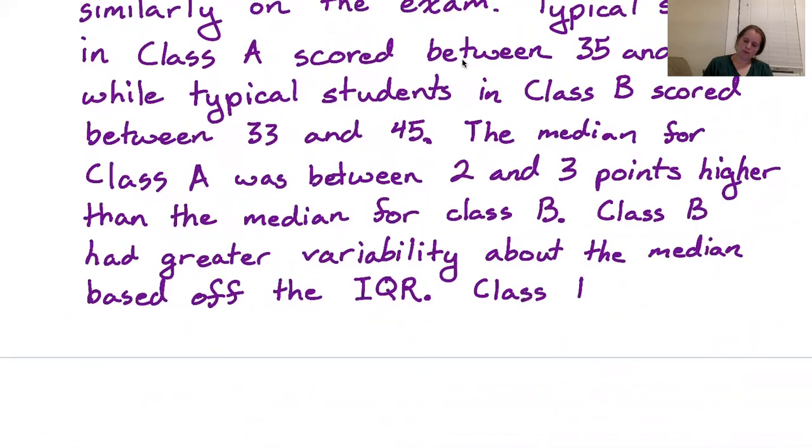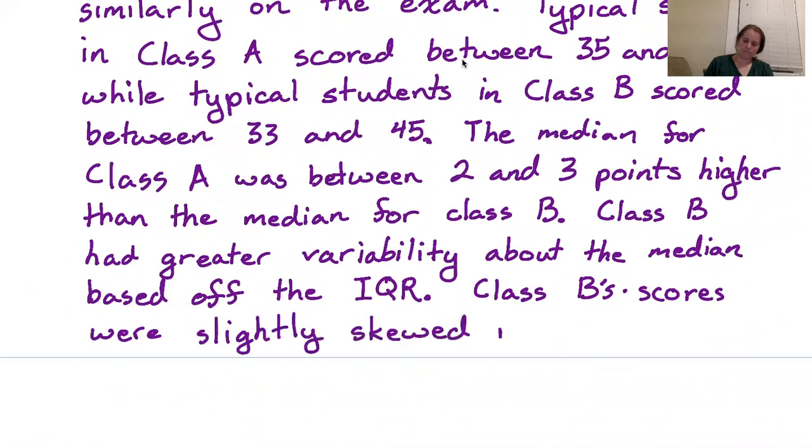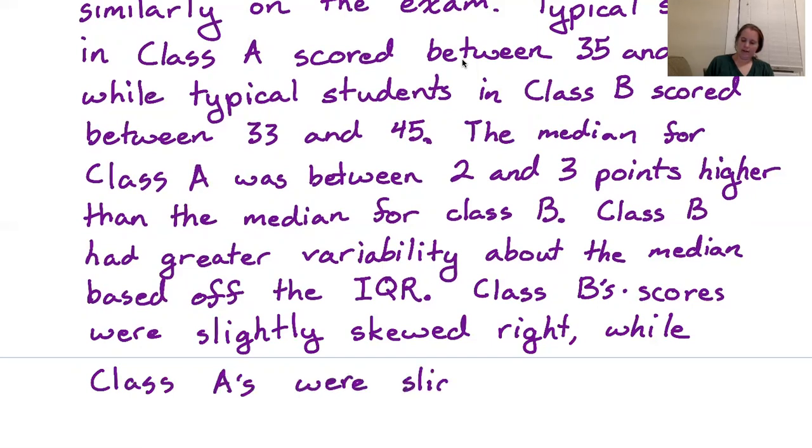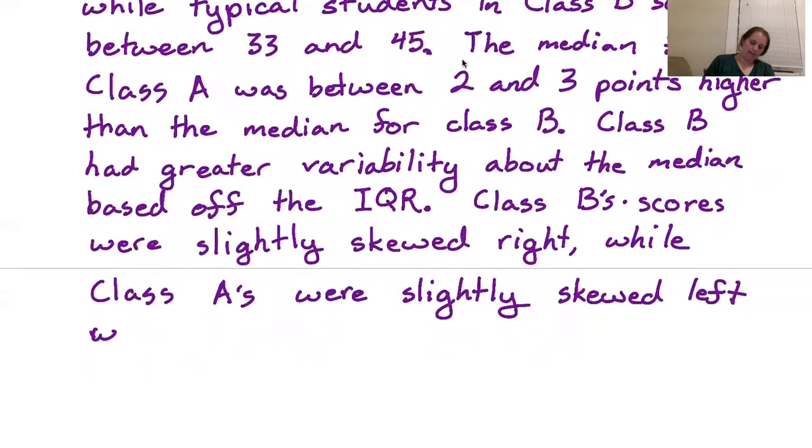So class B's scores were slightly skewed right, while class A's were slightly skewed left, with an outlier at the bottom.